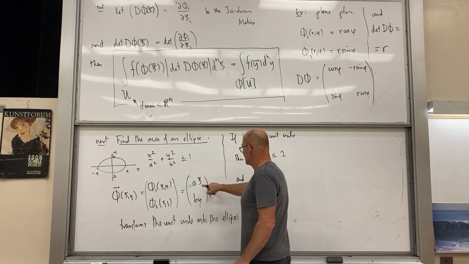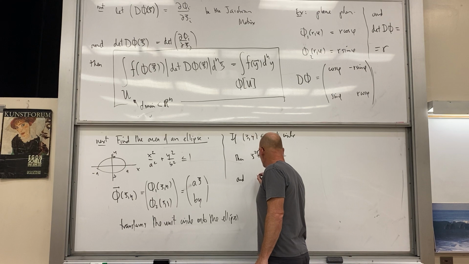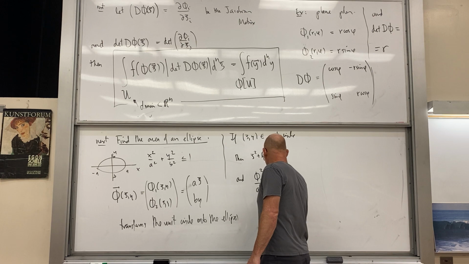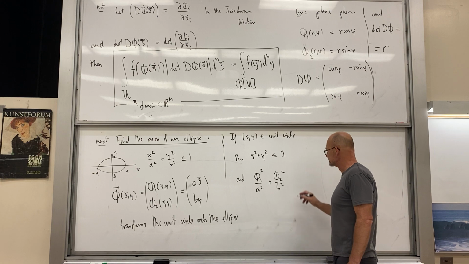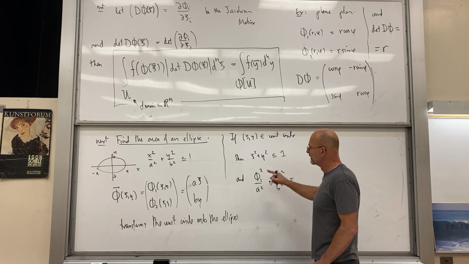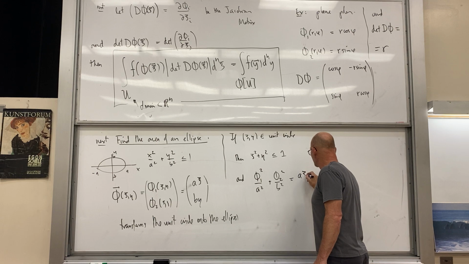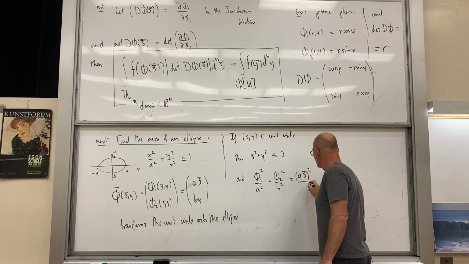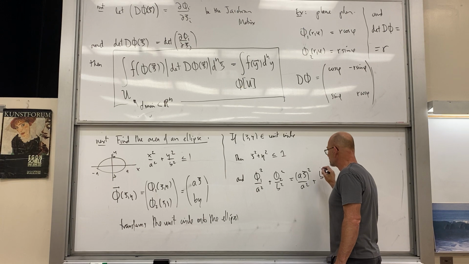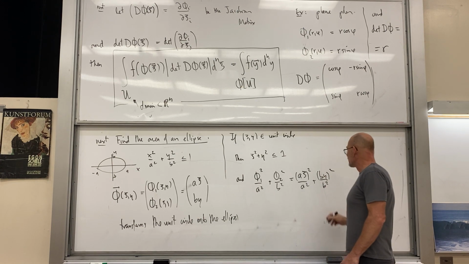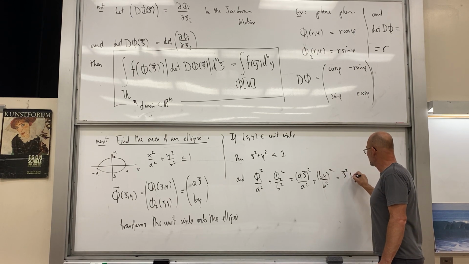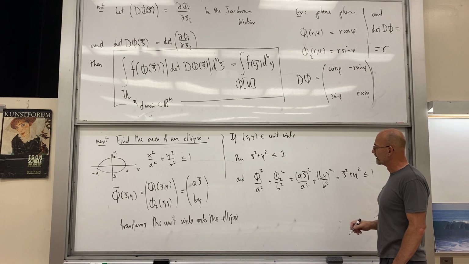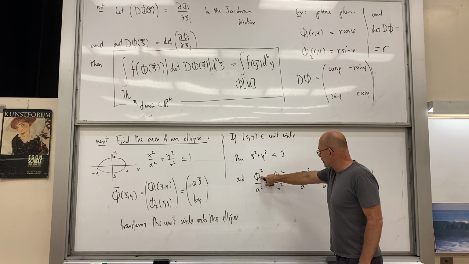And this transformation here, Phi1 squared over a squared plus Phi2 squared over b squared is equal to a xi squared over a squared plus b eta squared over b squared. Of course, the a's and b's cancel here, equals xi squared plus eta squared is less or equal to 1. Okay. But this, of course, is the ellipse.